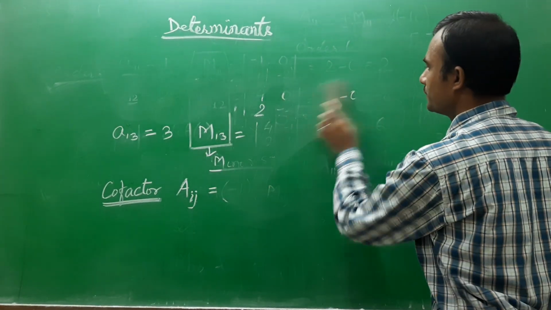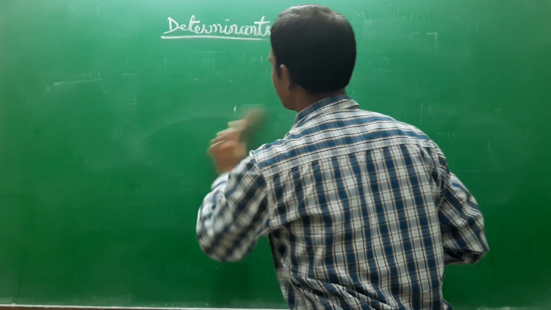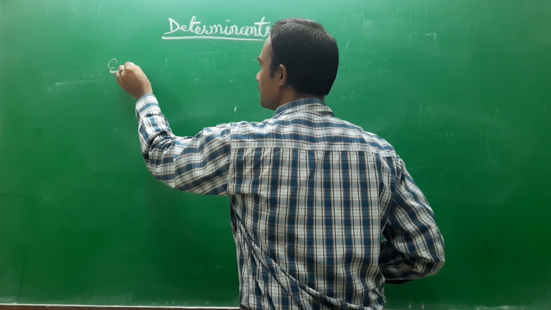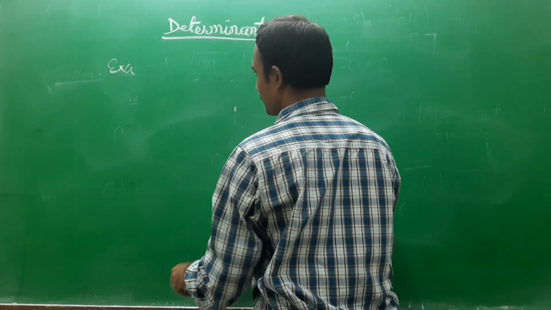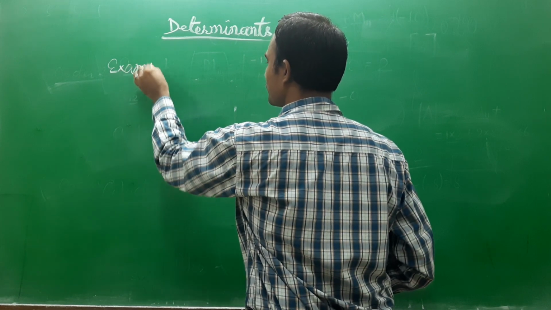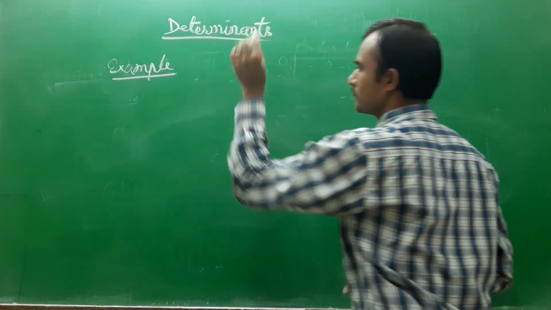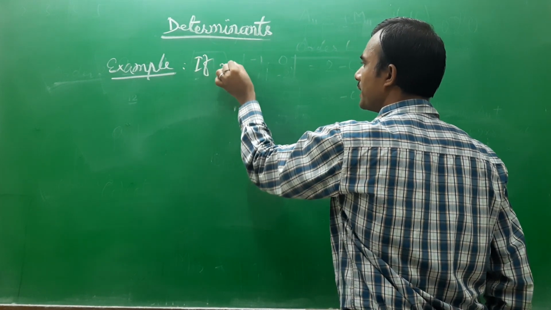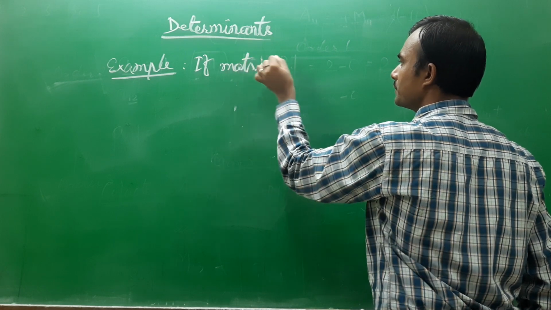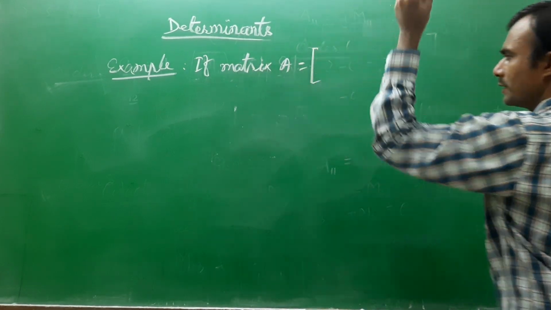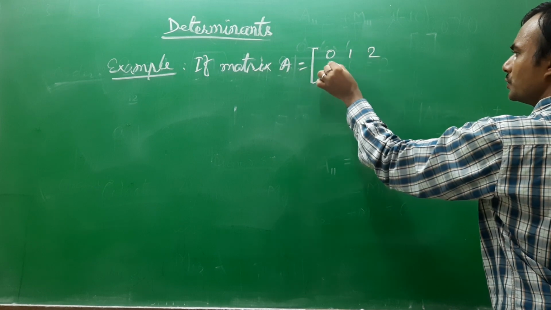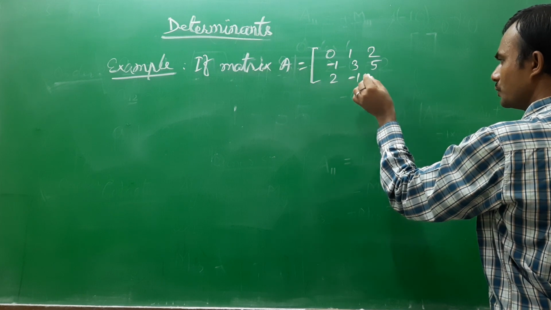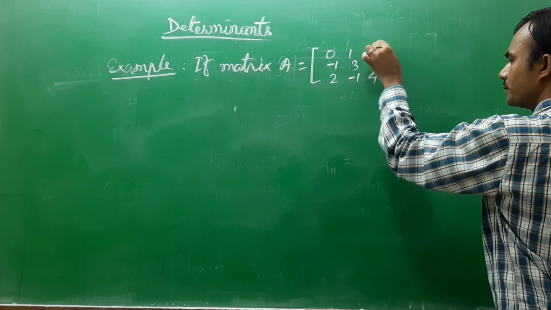Look at the example again. How can we find it? Here, matrix A is 0, 1, 2, minus 1, 3, 5, 2, minus 2, minus 1 and 4.